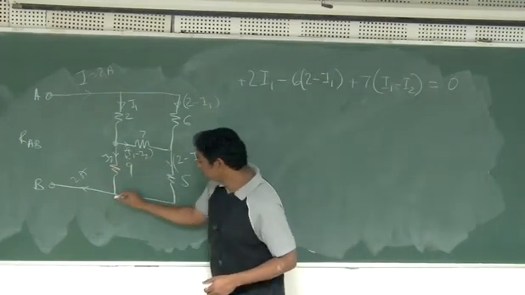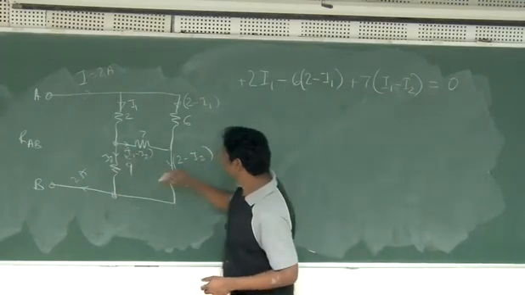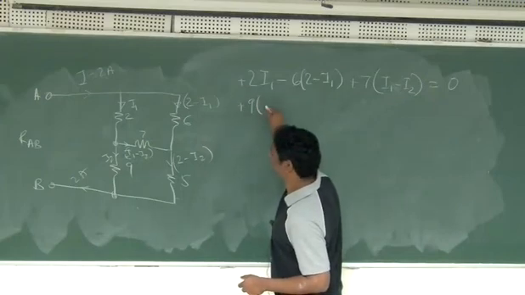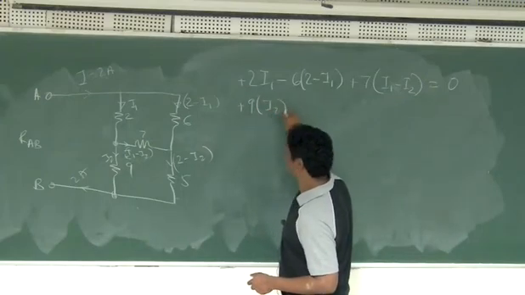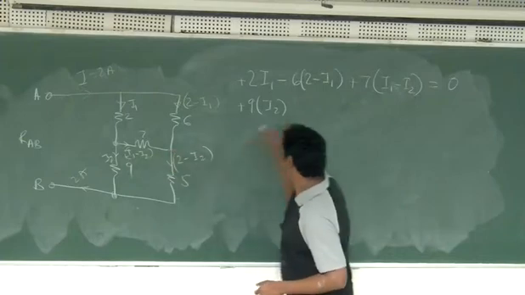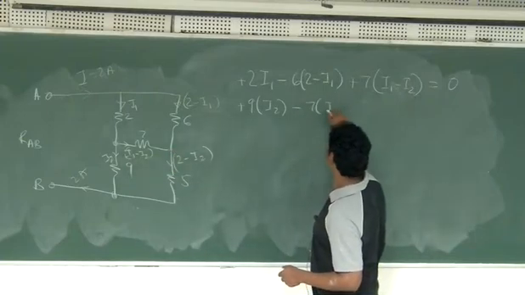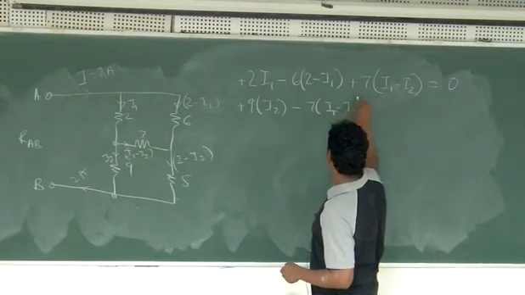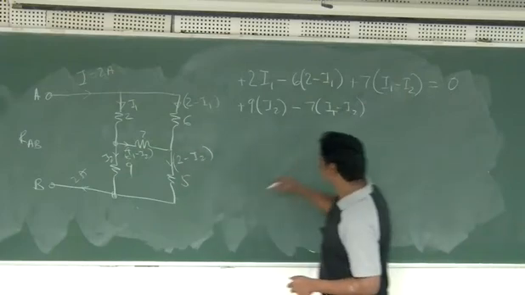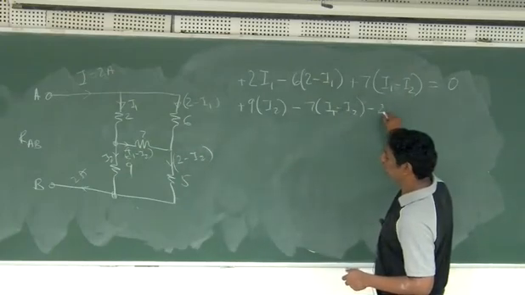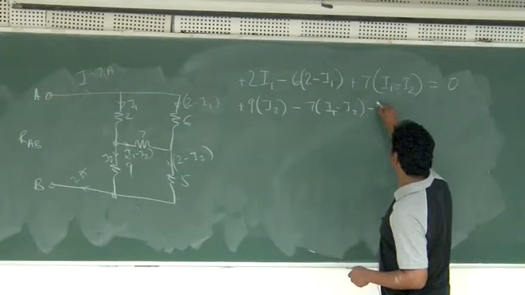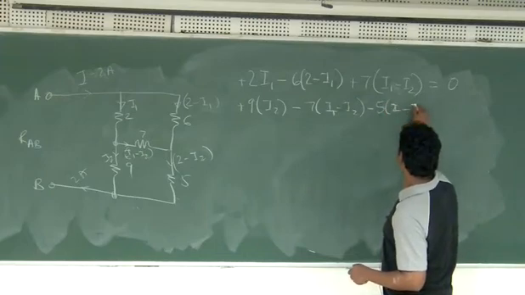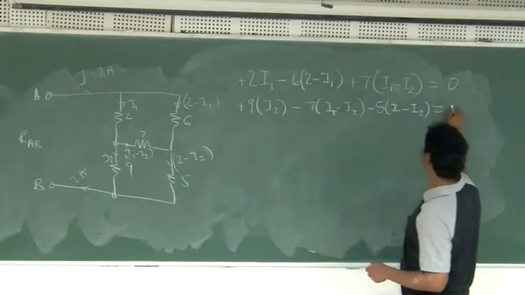What about this one? I'll start from here, go up. So plus 9 I2. From here to here minus 7 into I1 minus I2. From here to here minus 5 into 2 minus I2 is equal to 0.